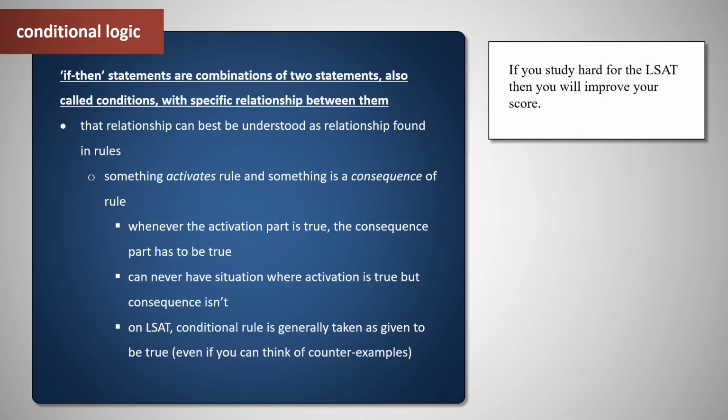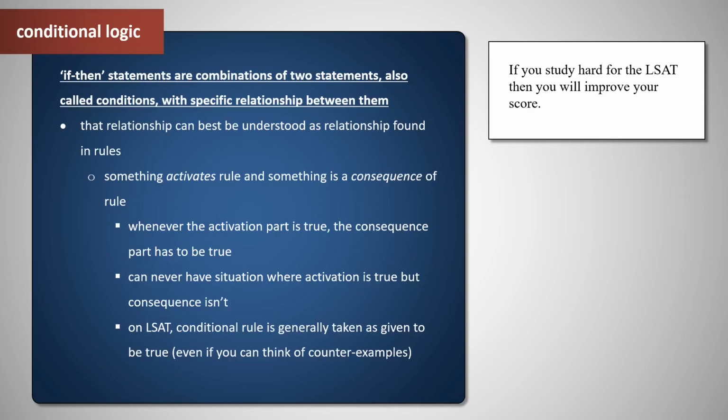Sometimes, and in future lessons, I'll definitely point out when you want to be on the lookout for that and when you want to be critical of the truth of a rule, whether it's a good rule, but they generally do not care about that in the test. Generally speaking, what they're testing is not your ability to evaluate whether a rule is a good rule, but what the logical consequences are of that rule in combination with other rules, in combination with other information.